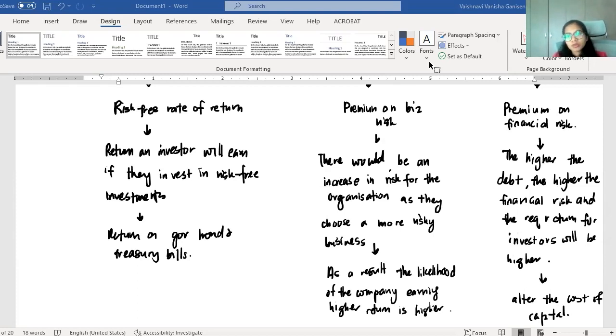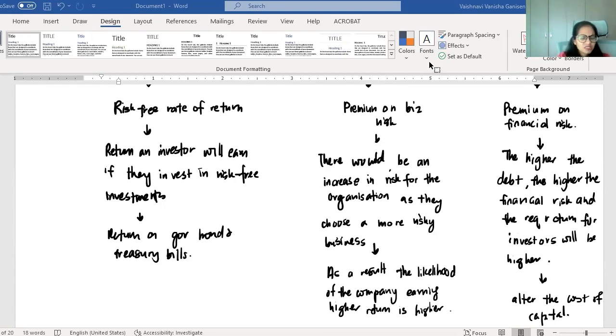Okay, so because different companies, okay, they deal with different types of business. That means they invest in multiple various types of business. This would create a variation in business risk. And also, because different companies have different capital structure, example, some companies will have a 60-40 debt to equity ratio.